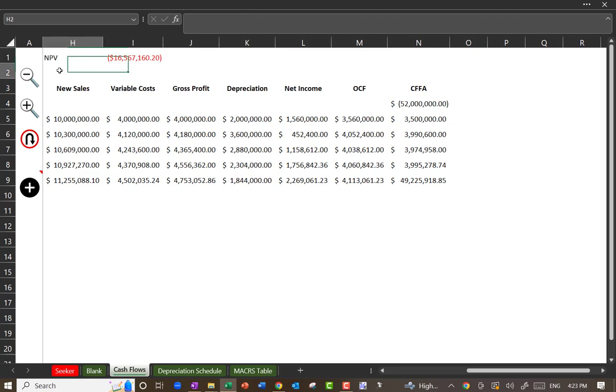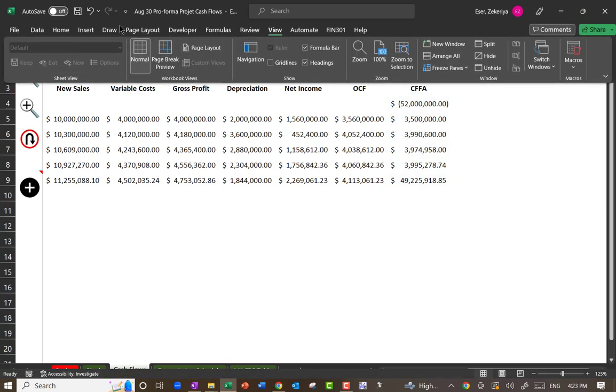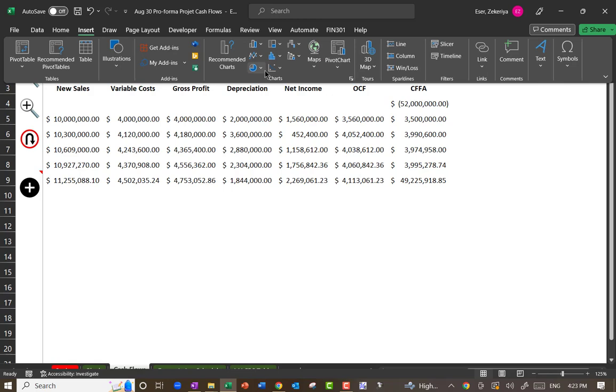You could also calculate IRR. Things are simple. You pick all of them. Let's see, where are you? Oh.